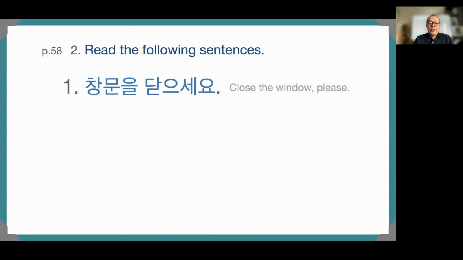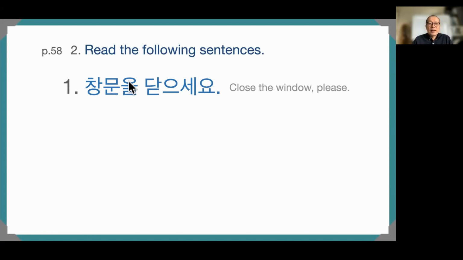Let's practice reading some sentences. Please take a look at number 1. And then you can check where the shifting sound will happen here. Where? Here.